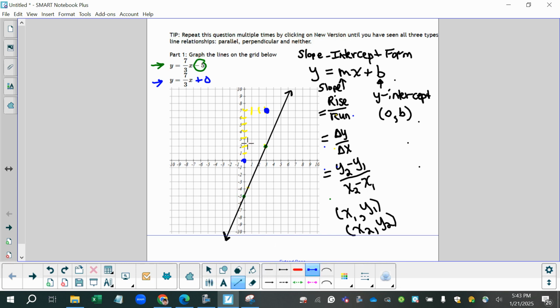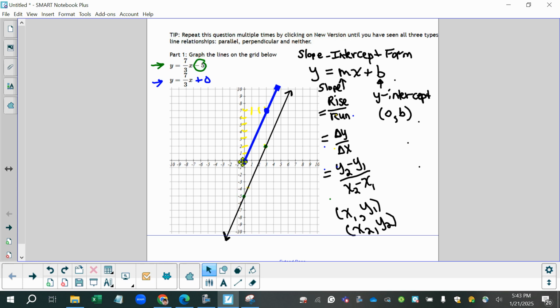Now, what we should notice is that when we have two equations with the same slope, what ends up happening is we get parallel lines because they have different intercepts. They have to have different intercepts, by the way.